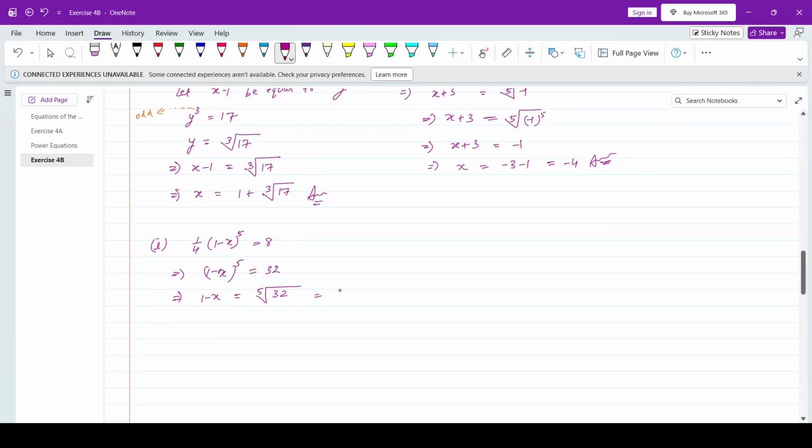Now the fifth root of 32 can be written as the fifth root of 2 raised to the power 5. Now this fifth root gets cancelled with this power 5. So this becomes 1 minus x is equal to 2, and x is equal to 1 minus 2, that is -1.